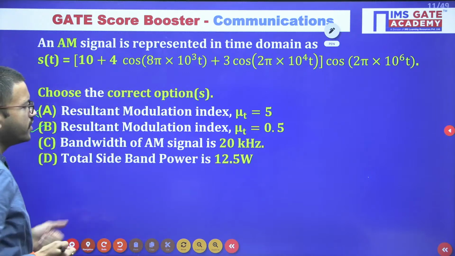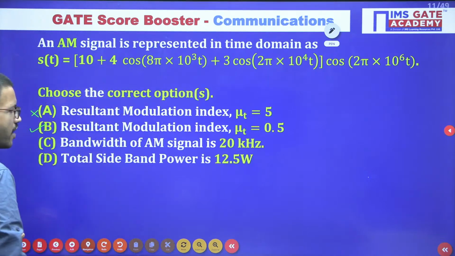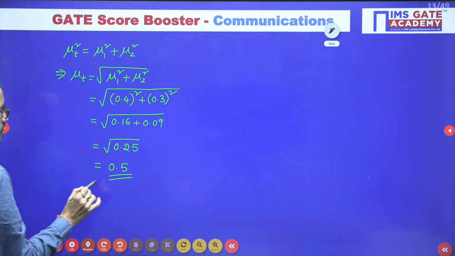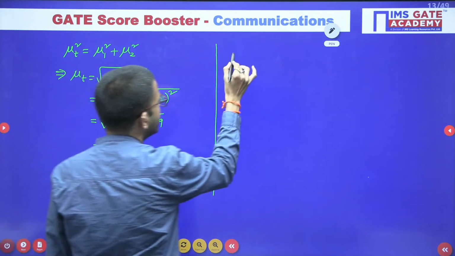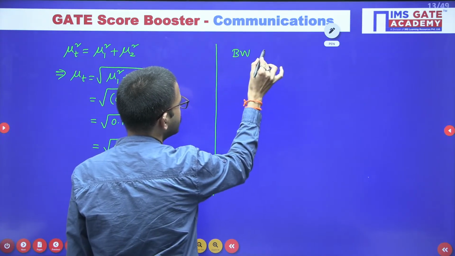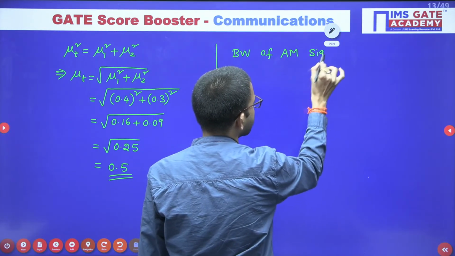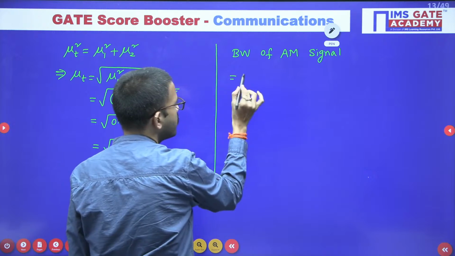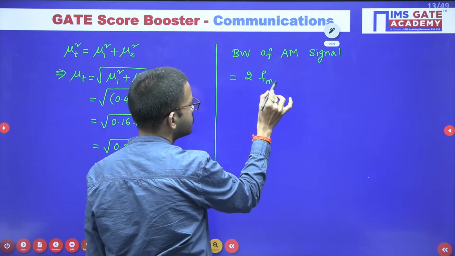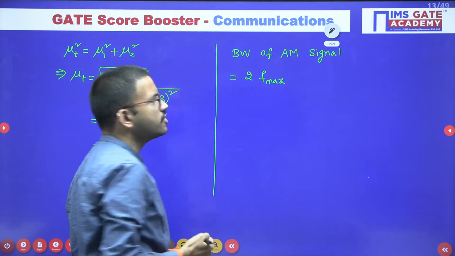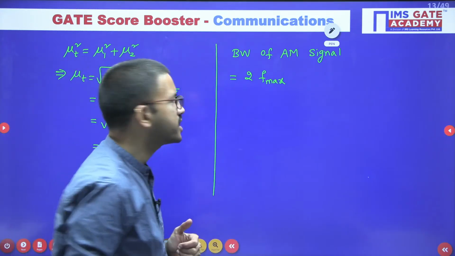Now let us verify whether options C and D are really correct or not. Regarding option C, you have the bandwidth. As of now, we got that option B is correct. Now regarding the bandwidth of the AM signal: whenever you have a multi-tone signal, the bandwidth is 2 times the maximum frequency of the message or modulating signal.